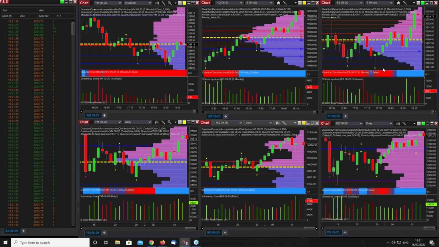VIX has gone into congestion phase at the moment. There's a block of 100 just gone through there. It was marked with a B.